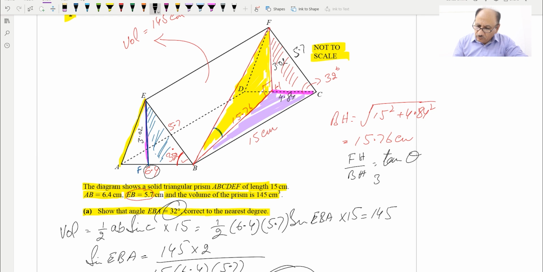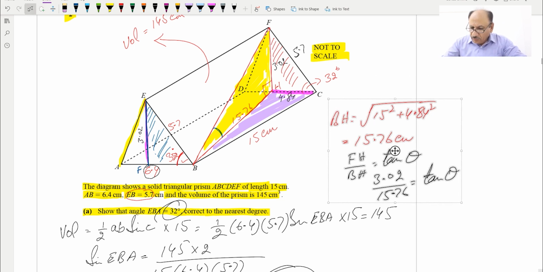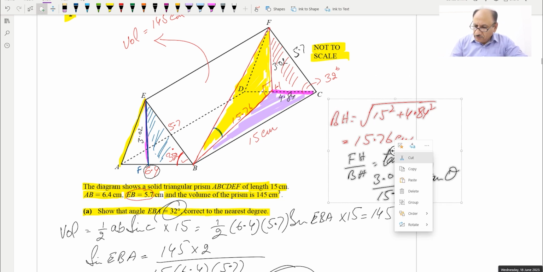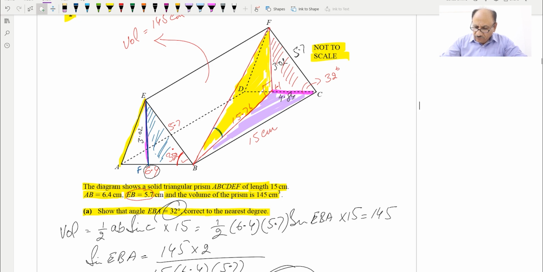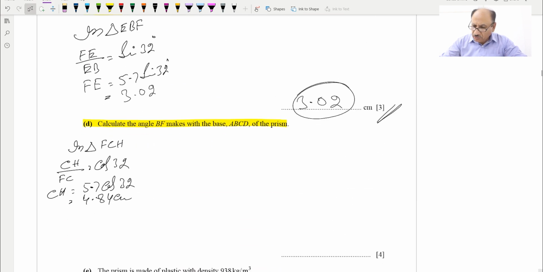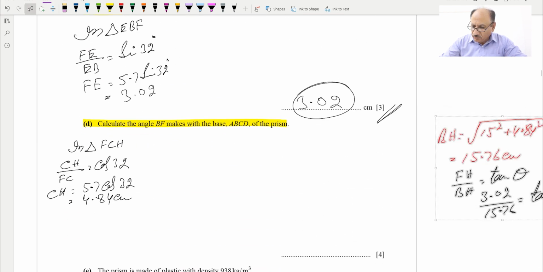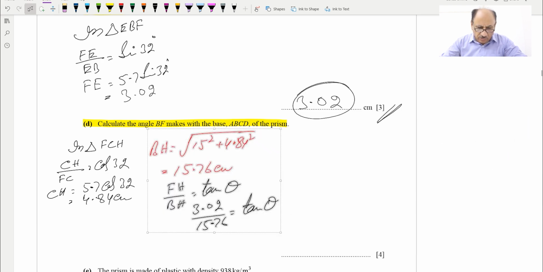FH is 3.02 over 15.76, and this will be equal to tan of theta, and this I'm shifting over to the proper place.